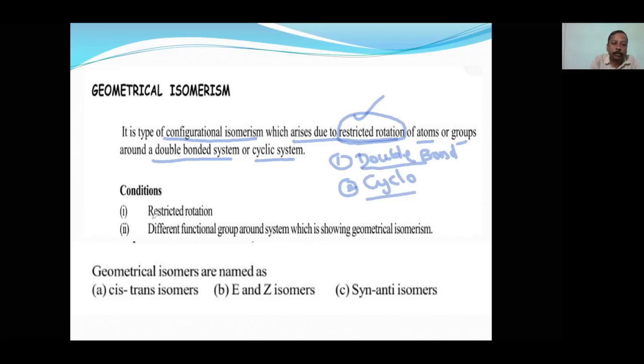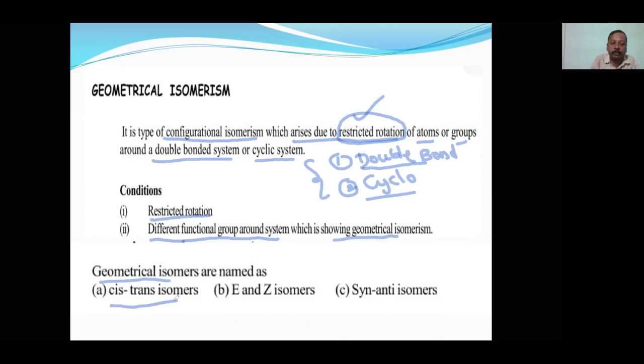Now, the conditions: restricted rotation and different functional groups. This is the primary condition, restricted rotation. Second is different functional groups around the system, which shows the geometrical isomerism. What these different functional groups or different atoms are, I will explain each and every one. As I told you, people think that geometrical isomerism is only cis-trans.